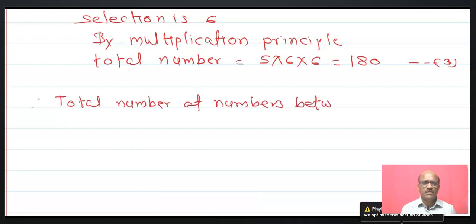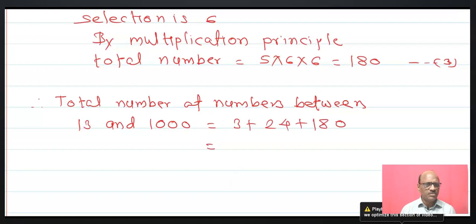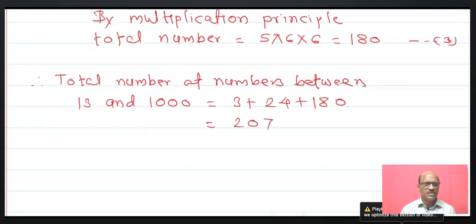Therefore, total is 3 plus the total number of the numbers between 10 and 100, plus the numbers between 100 and 1000.